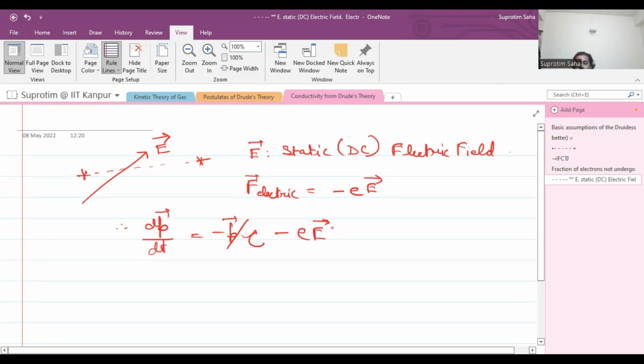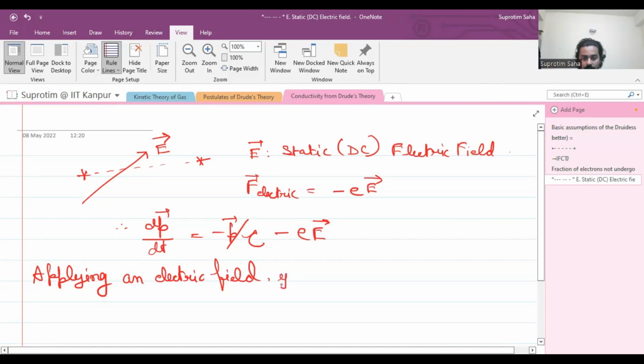Now what you see in a real case, you apply an electric field, you get current.